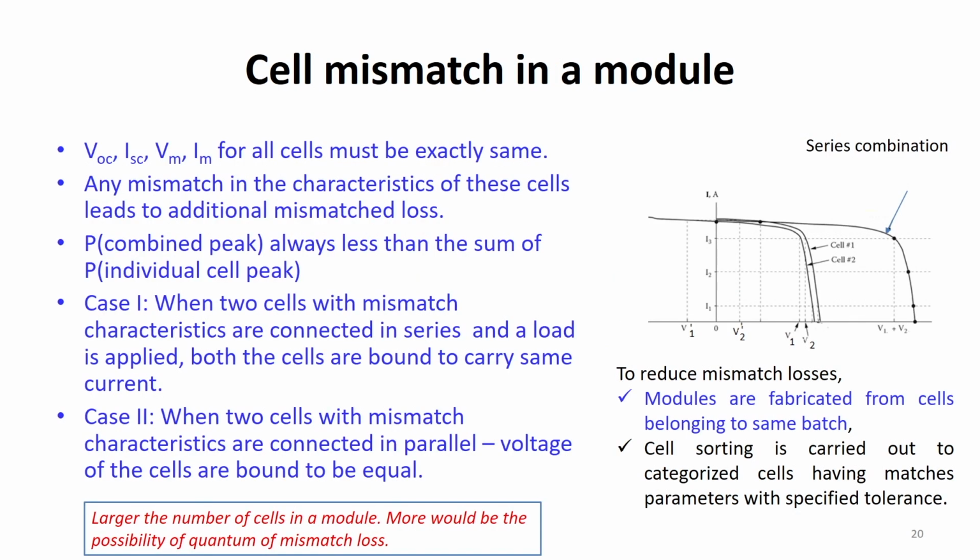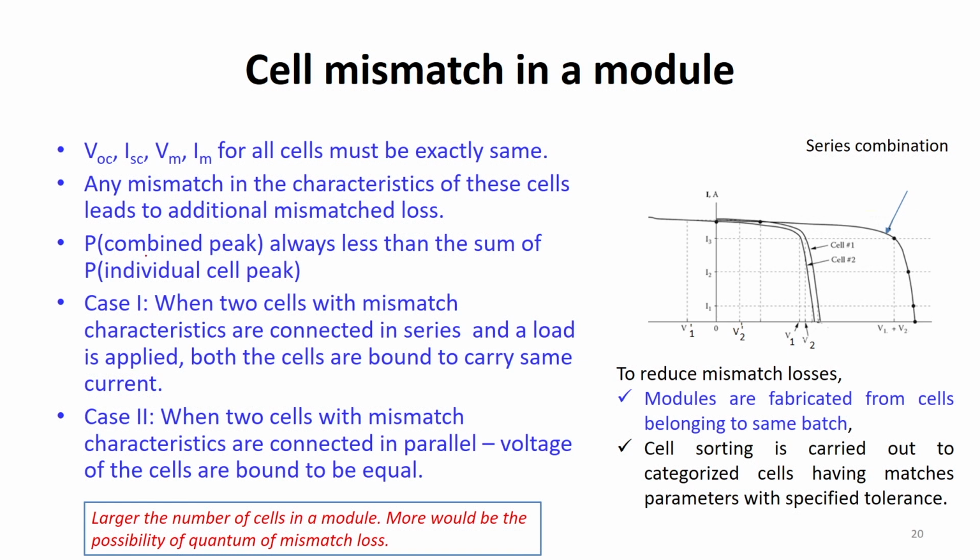For cell mismatch, this VOC, ISC, VM, IM of all the cells must be exactly same. So, any mismatch in the characteristics of these cells leads to additional mismatch losses.